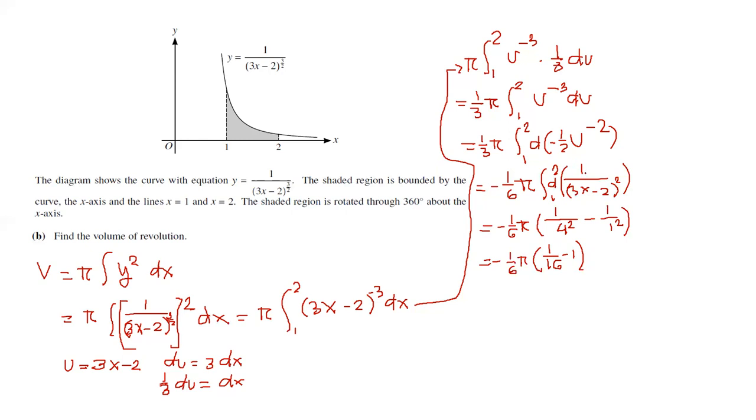And it's gonna be negative 1/6 pi times 16 over negative 15, okay, negative 15 over 16. This one.